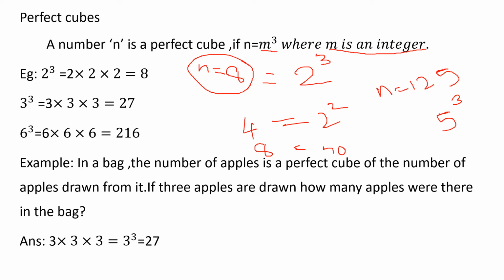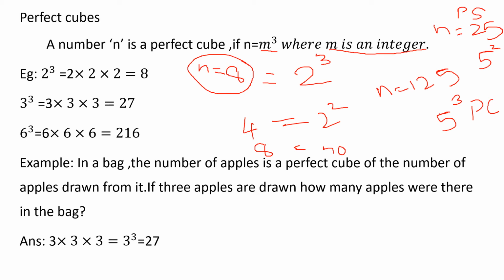If I take n is equal to 25, whether 25 is a perfect cube? No, because 25 is a perfect square, 5 square, 5 fives are 25. So this is a perfect square and this is a perfect cube. Now, have you understood perfect cube? If we are able to represent a number in the form of a cube, then it is a perfect cube.